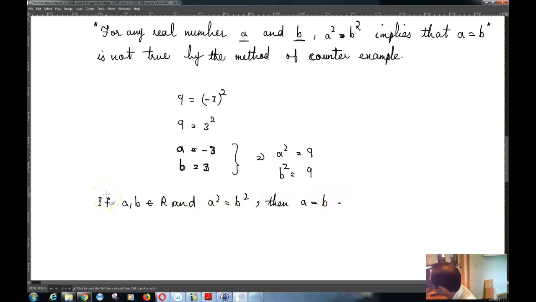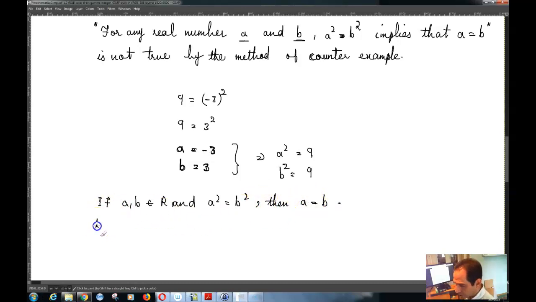Now, the way you can work through this example logically is that I write my statement as: if a and b are real numbers such that a squared is equal to b squared, then a is equal to b.